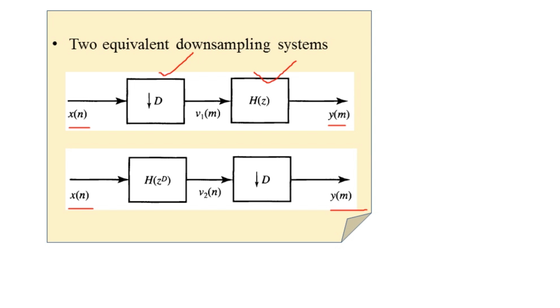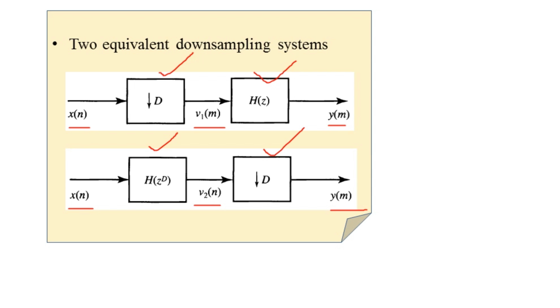The intermediate stage of the discrete time sequence is denoted by v1 of m, whereas its equivalent can be given where x of n is given to the filter function H of z to the power capital D. So instead of capital M, some textbooks also refer to the decimation factor as capital D. So capital D and capital M are the same here. After the filter function we get the intermediate stage of the signal to be processed, V2 of n, and then it is decimated with the integer factor denoted by capital D.